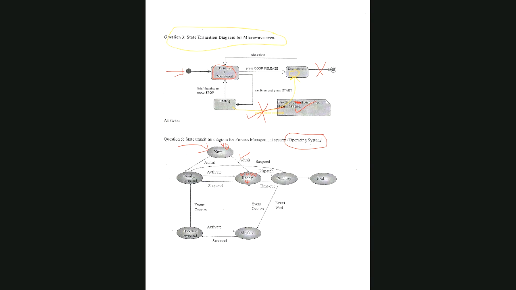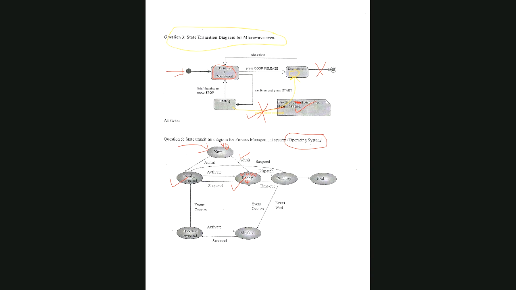So the 5th process will not be allowed to come here; you will allow it to go into the secondary storage. Ready suspended is also like ready, but what is the difference? This ready is in main memory and this ready suspended is in secondary storage.